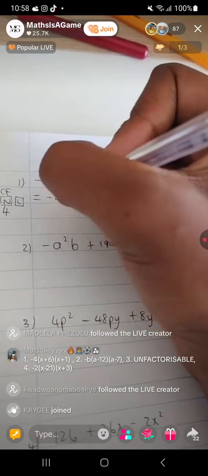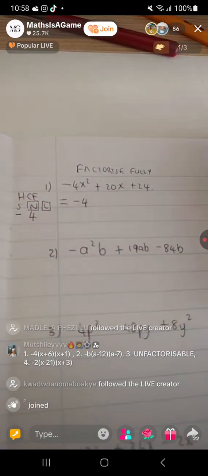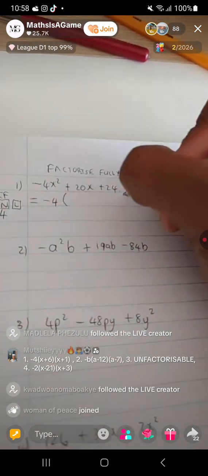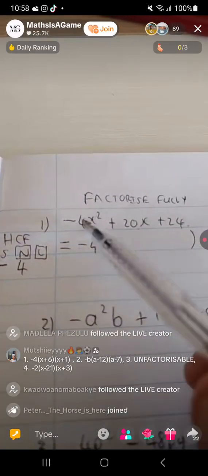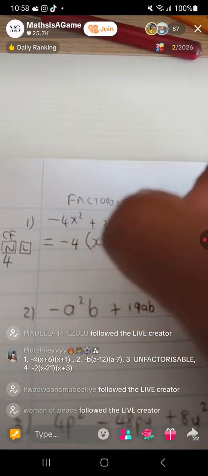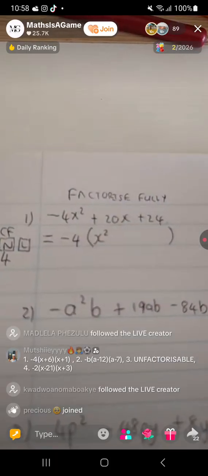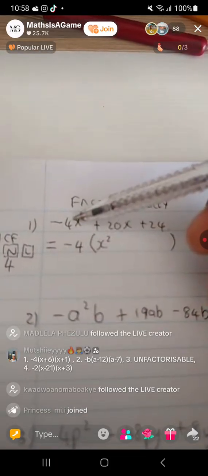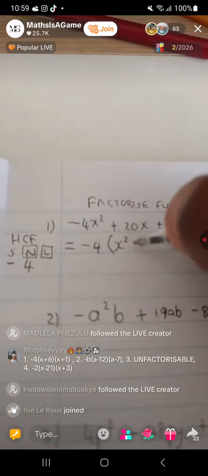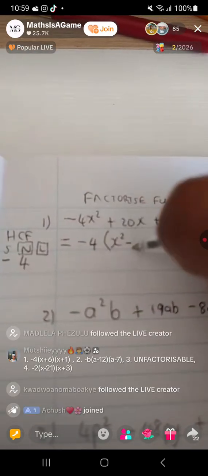So we take out our highest common factor, negative 4. Then we ask ourselves, a negative times what gives us 4x squared? Obviously, it is x squared that is left behind for our first term. Negative times what gives us a positive? The sign changes from positive to negative.